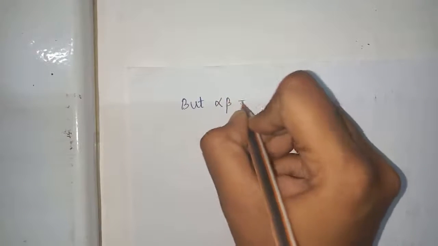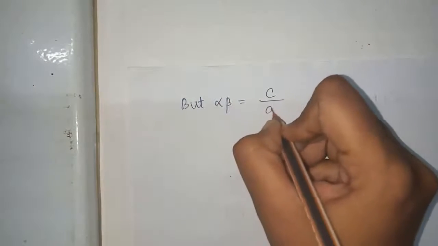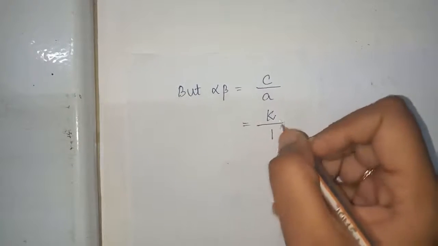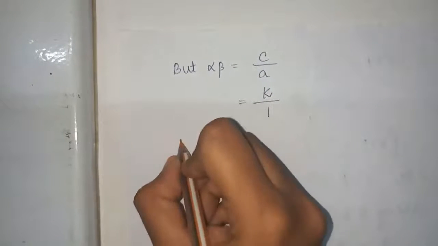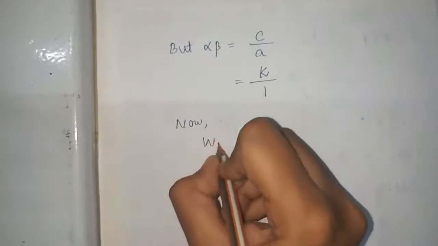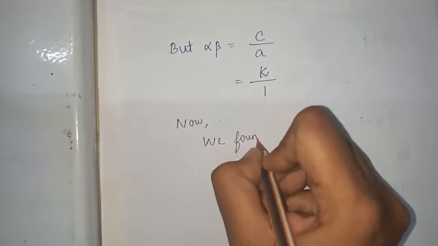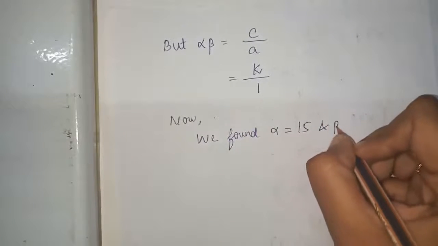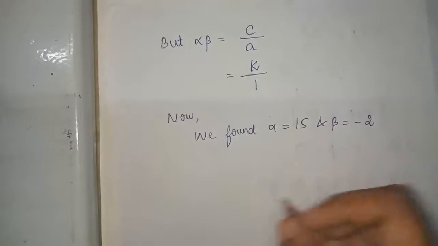But alpha beta = c/a. The value of c is k and the value of a is 1. Now we found alpha = 15 and beta = -2.